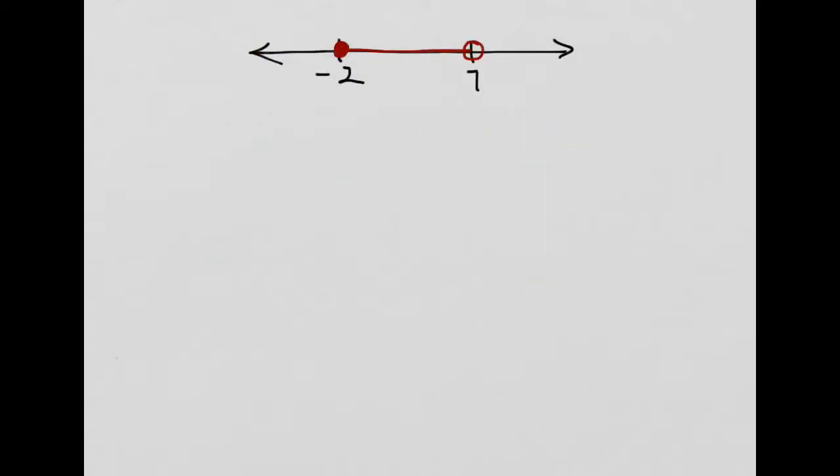Then let's look at this possibility. This one has the line in between the two numbers. What we've done in Algebra 2, mostly, is use this notation.